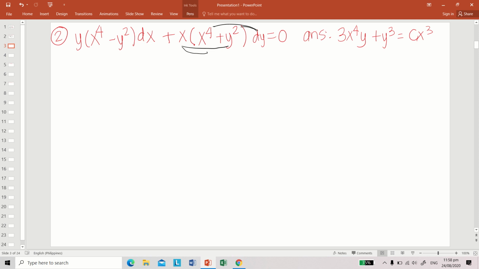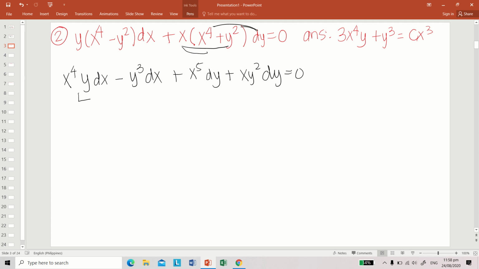So by doing that, we have x to the fourth y dx minus y cubed dx plus x to the fifth dy plus xy squared dy is equal to 0. We know that we have to pair up all the terms that have the same degree.